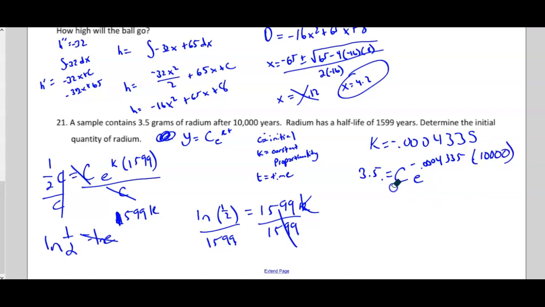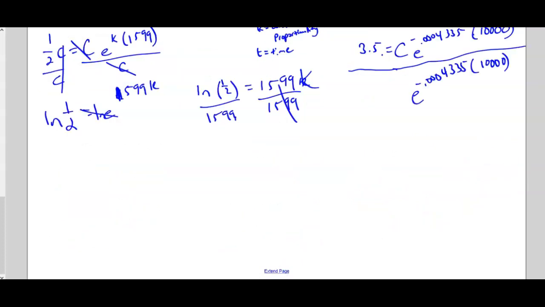So we can find this initial value right here. And all I'm going to do is divide both sides by this e to the negative 0.0004335. So when you punch it in your calculator, I'm going to do it right here so you can see it.